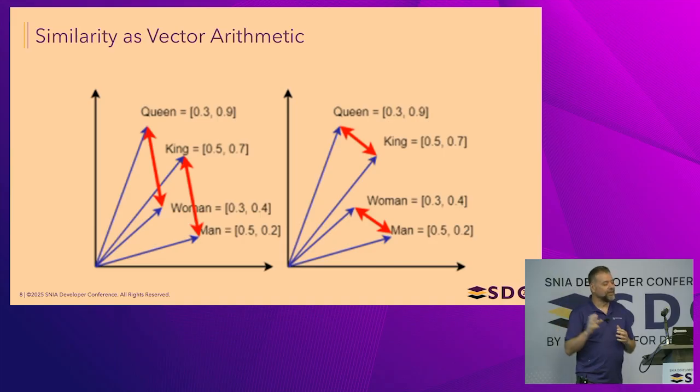You have the coordinates of every object, and you can do arithmetic with that and come to an answer. So that's one of the techniques that we call similarity search. We always do vector math.